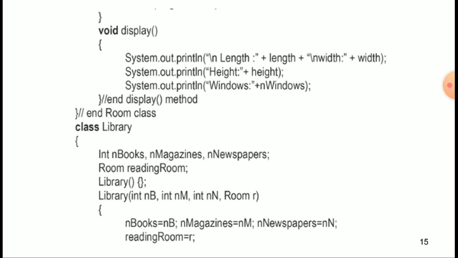Next is the class Library, starting curly brackets, int books, magazines and newspaper. Room readingRoom. Library(int nb, int nm, int nn, Room r), books equals nb, magazines equals nm, and newspaper equals nn. Reading room equals r.